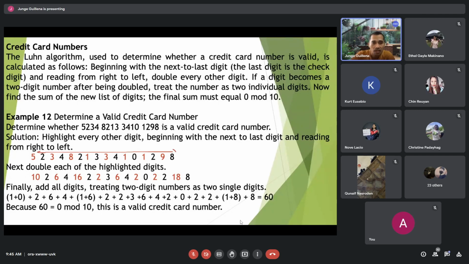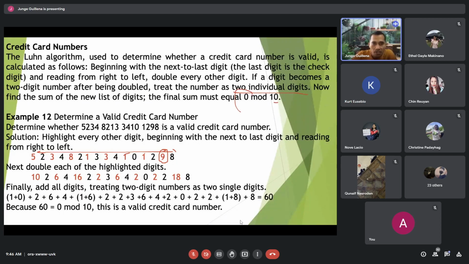So you double the 9, the 1, the 3, the 1, the 8, the 3, the 5, or those highlighted in red. If a digit becomes a two-digit number after being doubled, treat the number as two individual digits. Now you find the sum of the new list of digits. You divide that by 10.